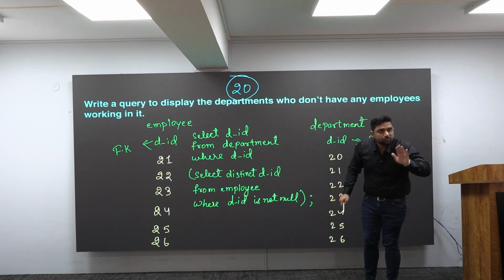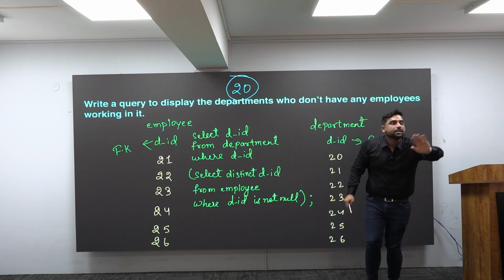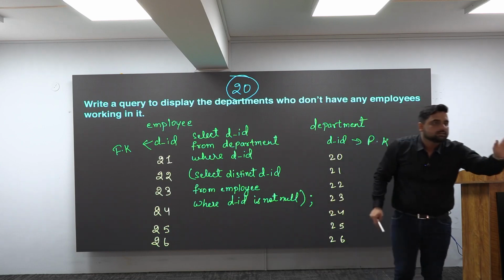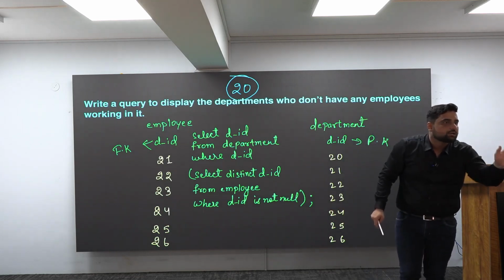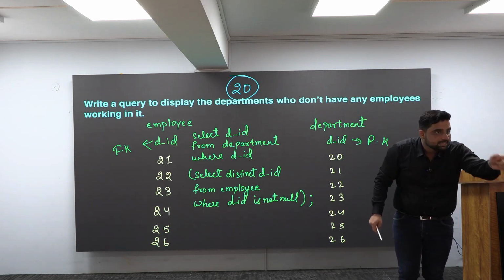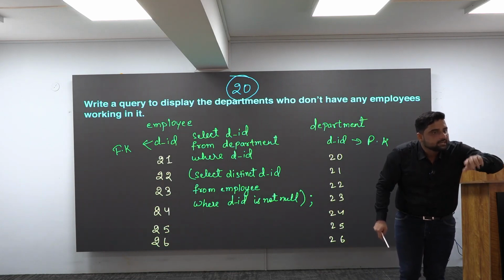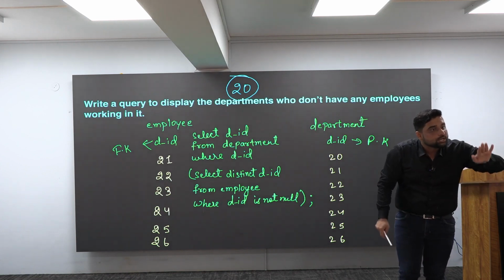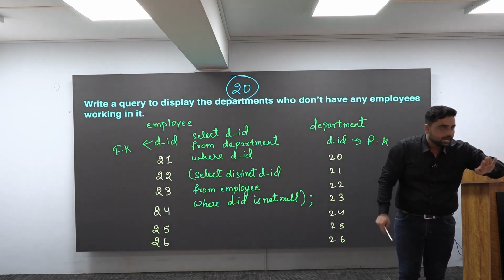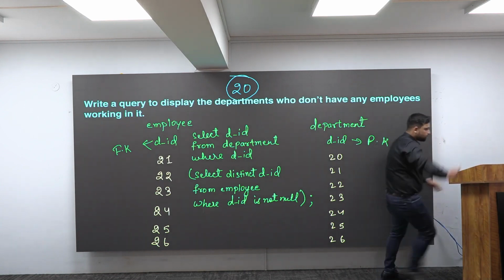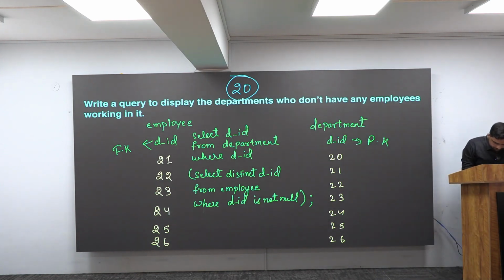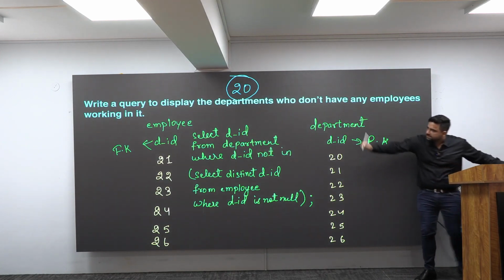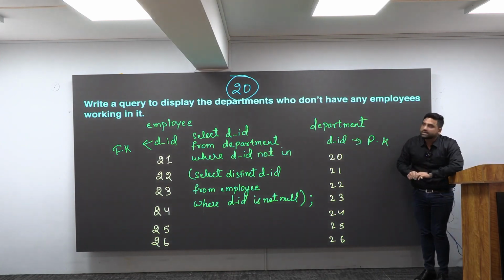When you are comparing with multiple rows, the equal to operator will not work, and the not equal to operator will not work. Either you can use in or not in. So which operator can we use over here? Not in. Now, if you use the in operator, then what information will you get?